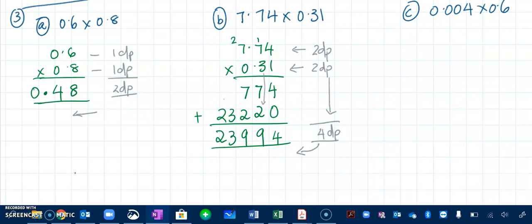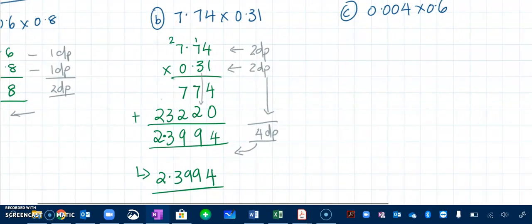That means the decimal point will go after counting 4 digits from the right. So let's count that. We've got 1, 2, 3, 4, and our decimal point goes between 2 and 3. So your final answer is, I'm just going to rewrite it to make it neater, 2.3994. Let's look at the last example.